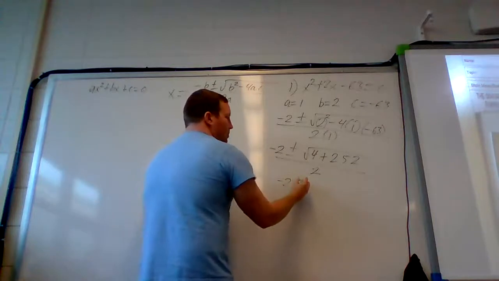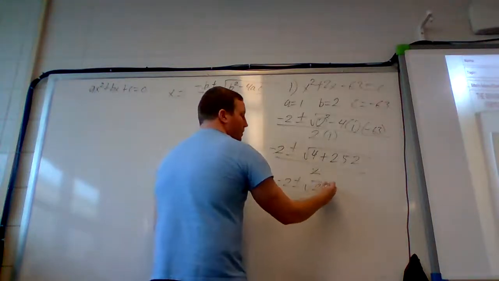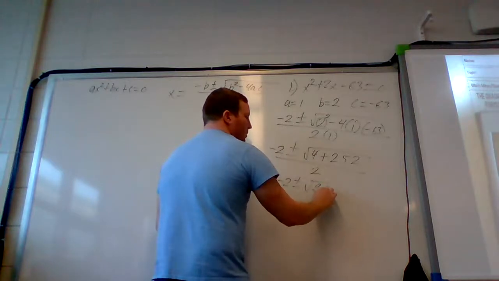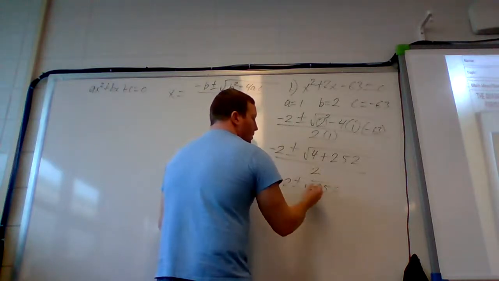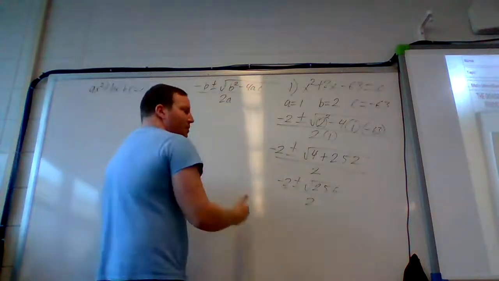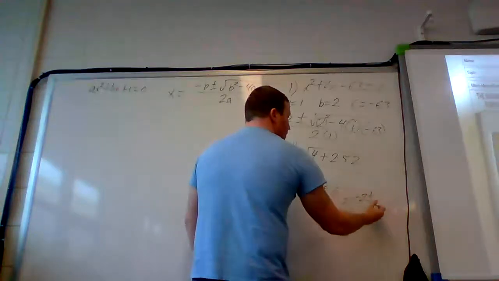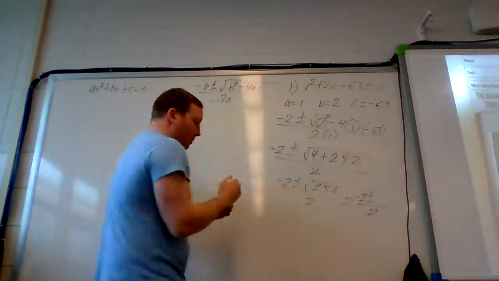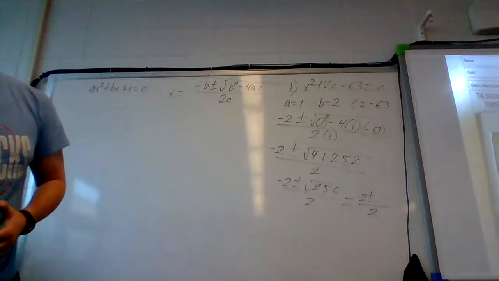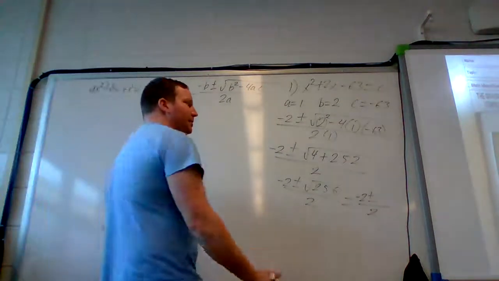So we have negative 2 plus or minus the square root of 256, all that divided by 2. And the square root of 256 is what? 16.